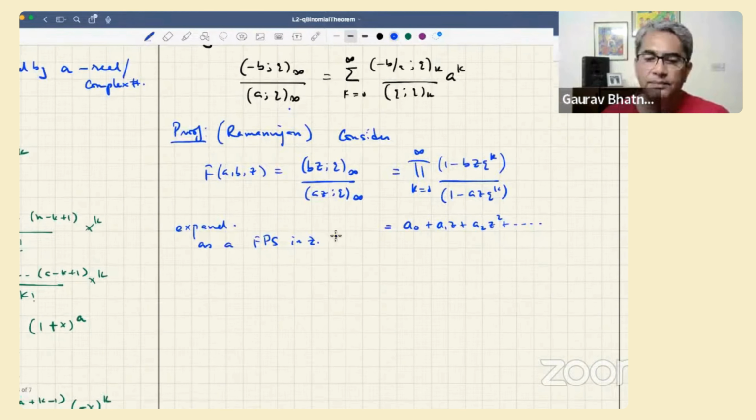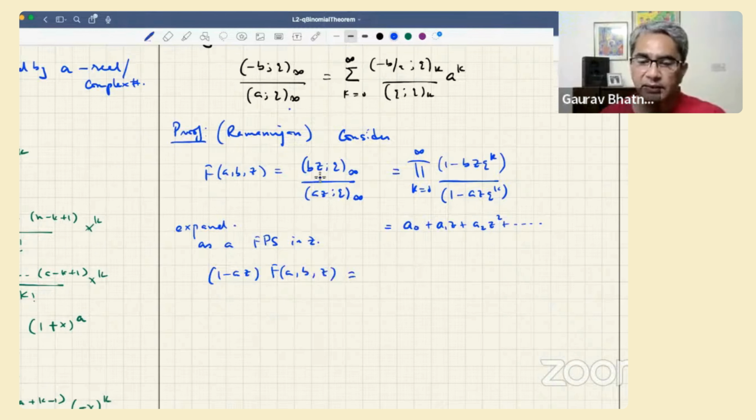And then what you can see very easily is that if you multiply the left-hand side with 1 minus az, f(a,b,z), then what you will get is 1 minus bz times f with z replaced by zq.